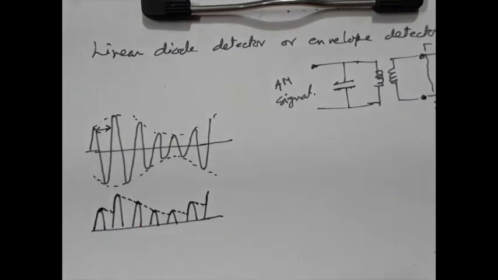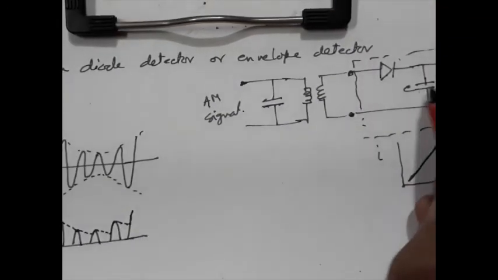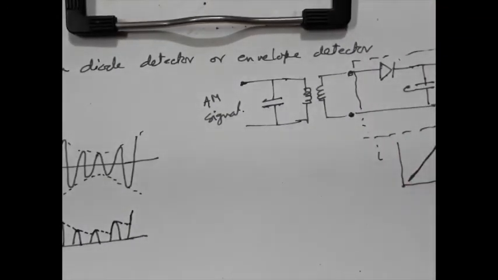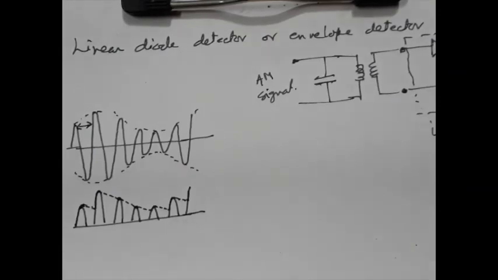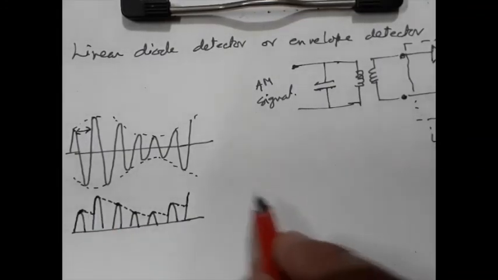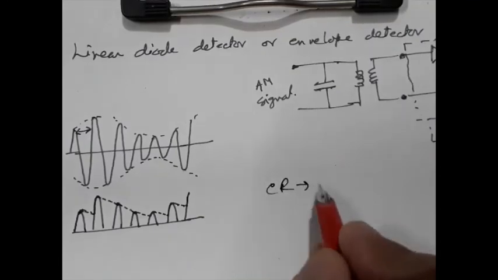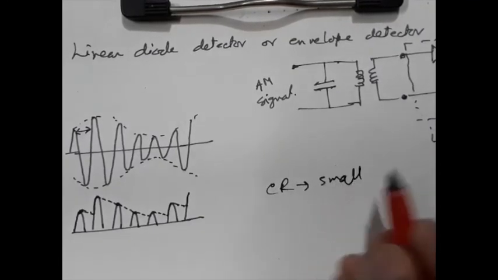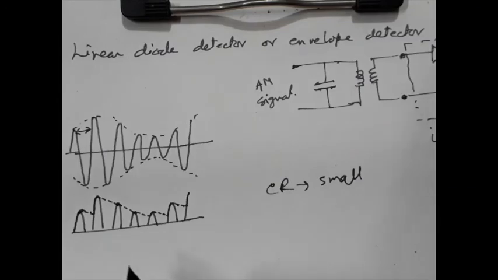Another thing may happen. If this capacitor and resistor are not chosen properly, what will happen? In that case, suppose the capacitor resistance combination is small, CR small. So what will happen?